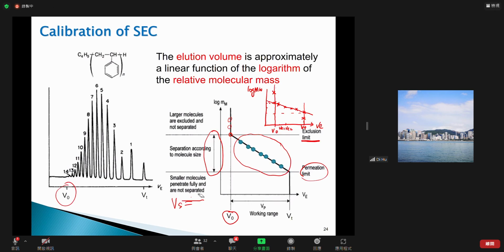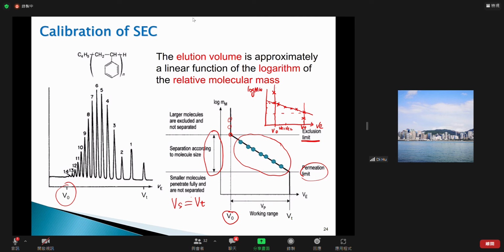If the sample elution volume equals Vt, can you use the calibration curve to know its molecular weight? Yes or no? No, right?